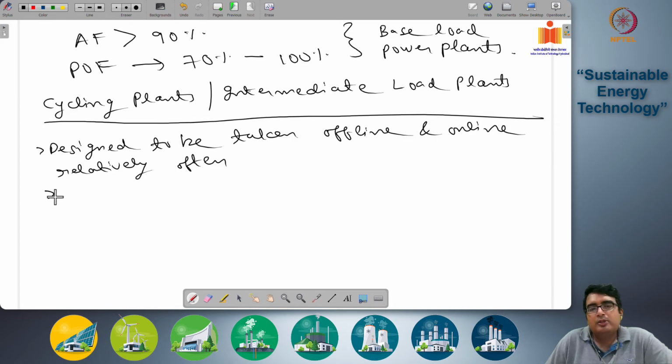So these are power plants which are beginning to cater to the variable load that is present in the grid, and hence they can be turned off or turned on relatively often.